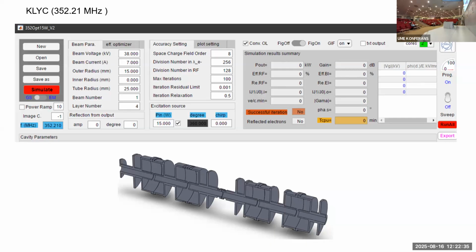For all devices we have 33 kilovolts, in current 7 amperes, and outer tube radius of 50 millimeters. Very easy, huh?